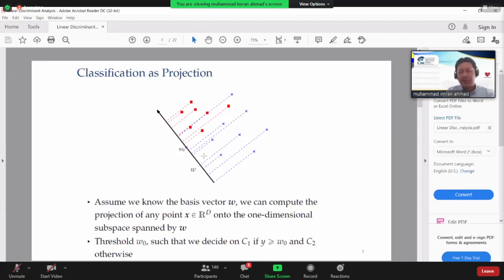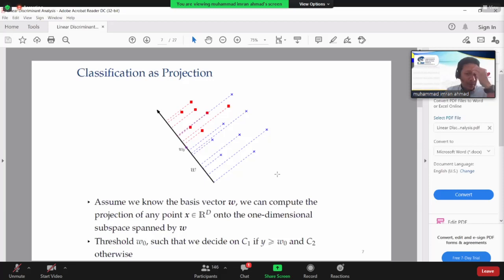This is the way you do the classification after the projection process. If Y is higher than W naught, we claim our input is in class C2. If it is less than W naught, then our class is C1. It's very straightforward. Just compare the two.